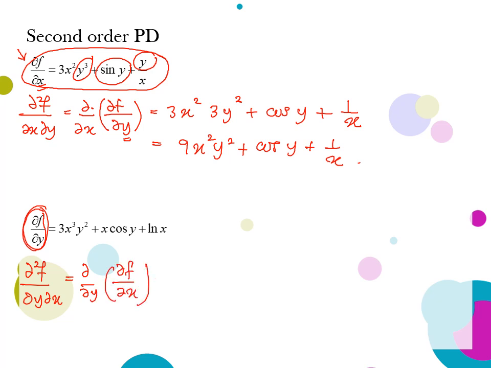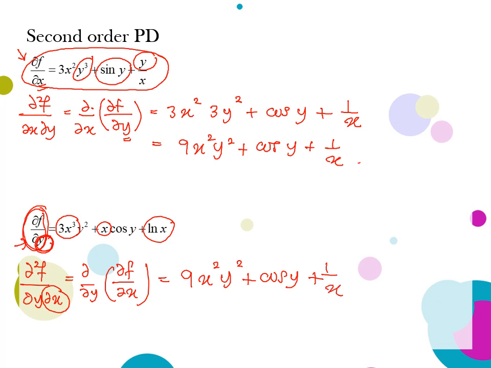The first time you differentiate, you are interested in variable y, but the second time you differentiate, you are interested in variable x. So you will get 9x squared y squared plus cos y plus 1 over x.